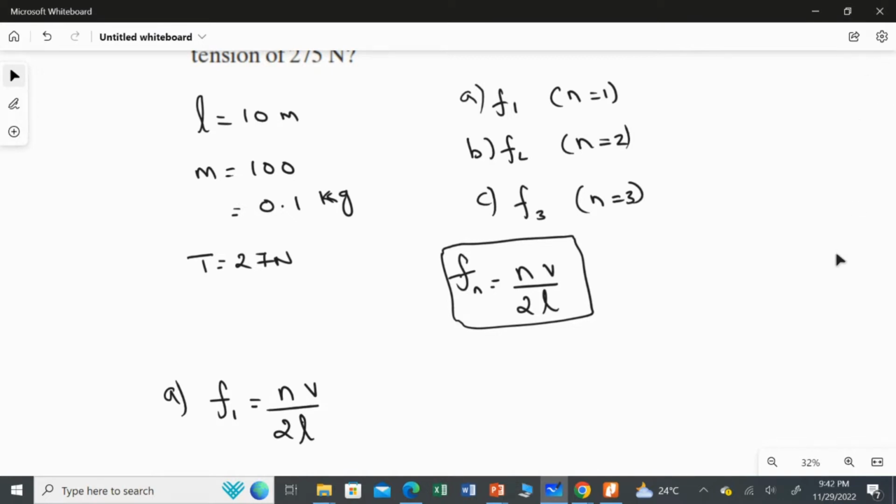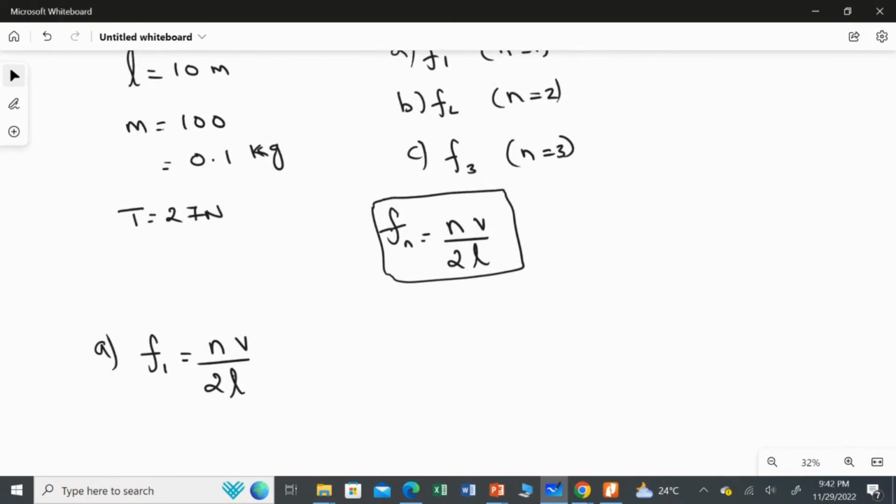I can substitute the formula for the speed of the wave on the string. Therefore, n multiplied by the square root of tension over mu, over 2L.